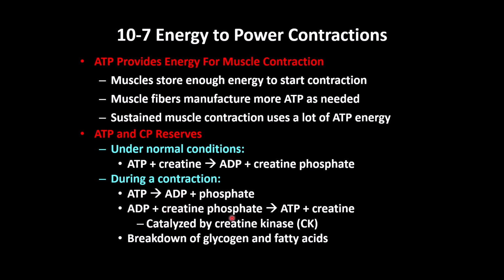So this will break down the creatine phosphate to produce ATP, and the enzyme that is helpful for that is called creatine kinase. If the activity continues, then you need to have glycogen that breaks down to glucose, and also fatty acid that should be broken down, which I will talk about in a second.